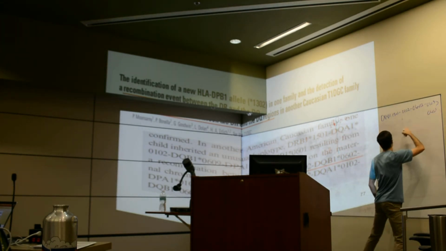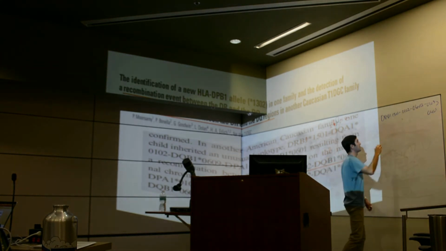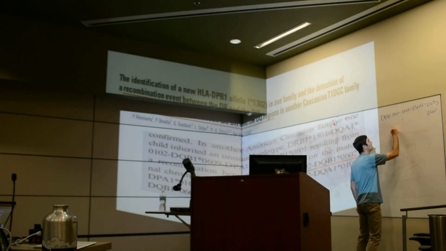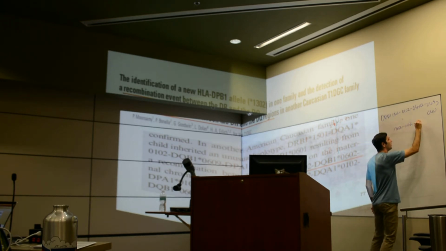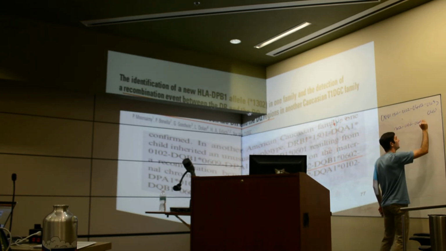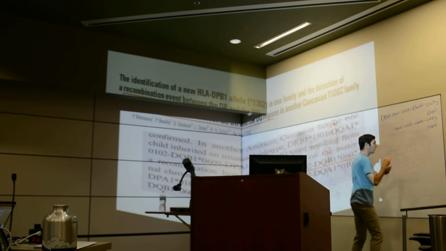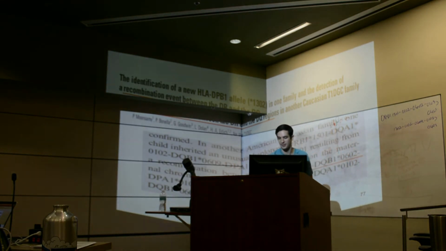All right, can someone read off what's the bottom one? Just the numbers is good. 1302, 0102, 0609, 0103, 0601. Cool. All right, and now can someone read me the top one?